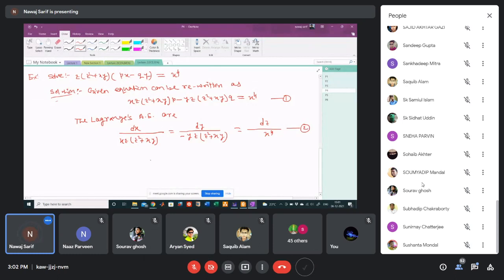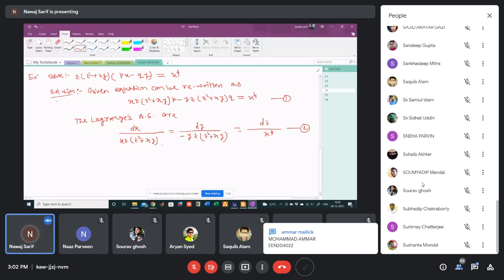Now, first, which fractions do you take? If you take the first two fractions, then there is a common term z² + xy and z.